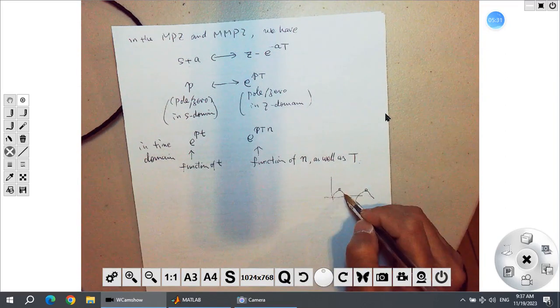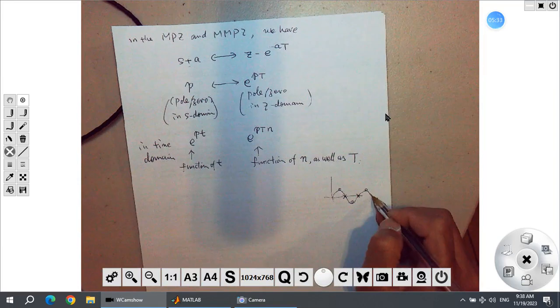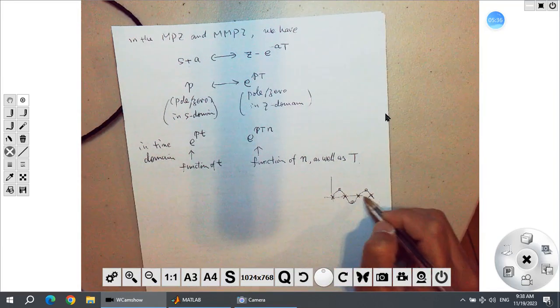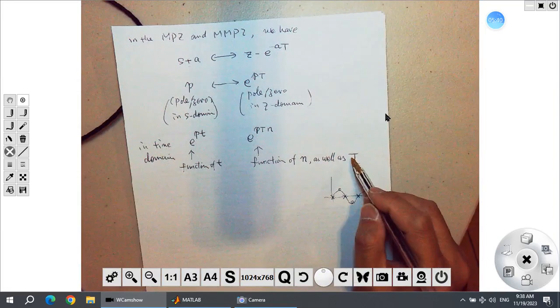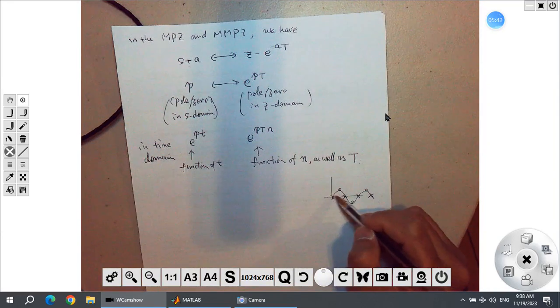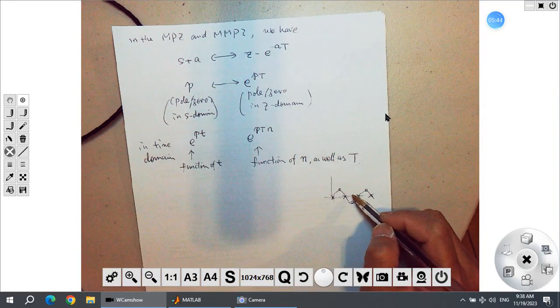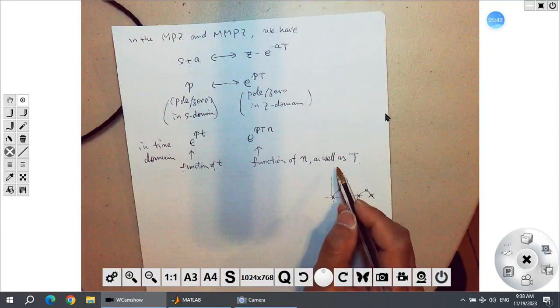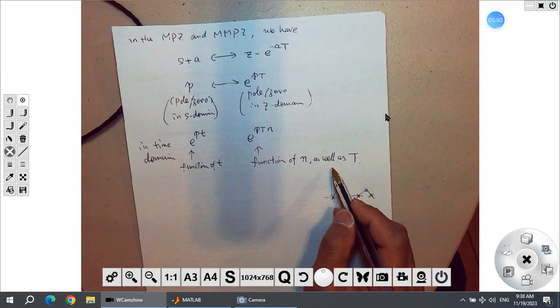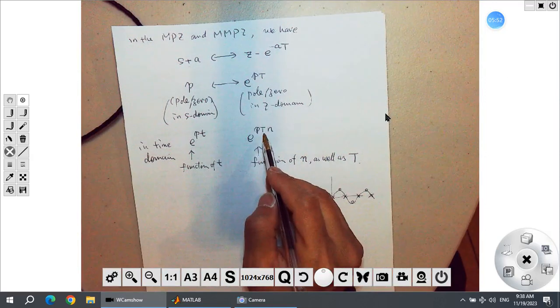If you take samples at another place, you get 0, 0, 0, 0. So for different T, the resulting signal may look totally different. This happens in the digital case because the whole process depends on T.